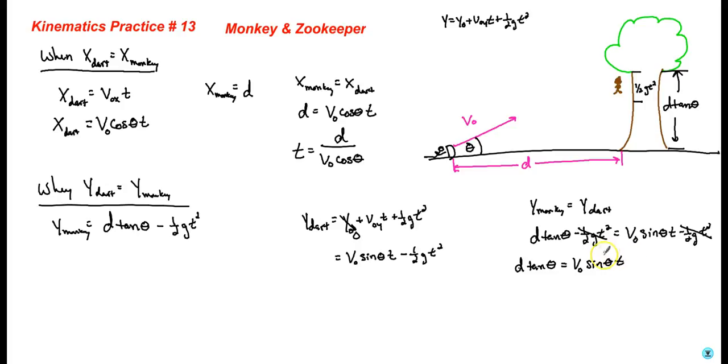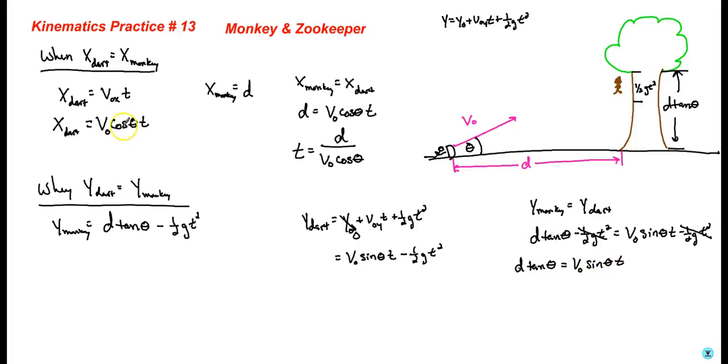Well, we know that they'll be at the same x position when this is our t. So when our time is equal to this, we know that they're at the same x position. So if we plug this time into this t right here, and if these two sides are equal, then we know that they're also at the same y position.